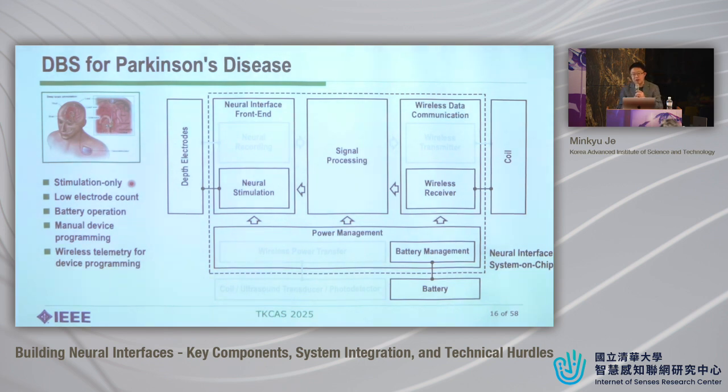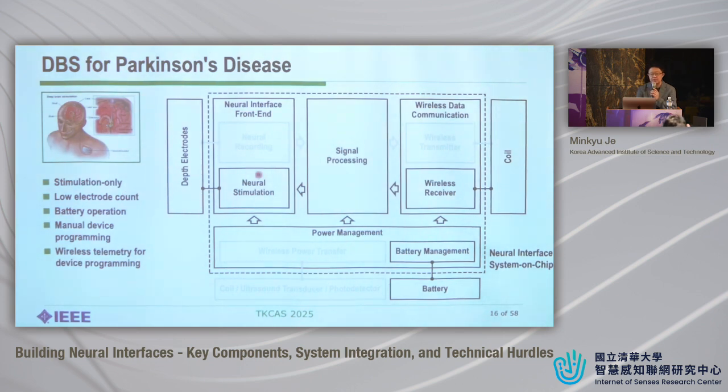From now on, I will explain how this generic structure can be varied for different applications. Let's think of the first example, which is a deep brain stimulator for Parkinson's disease. Usually this traditional deep brain stimulator device is stimulation only, so it doesn't have a recording front end.